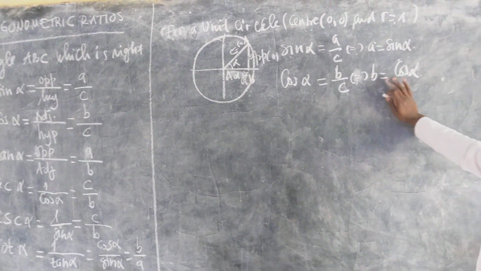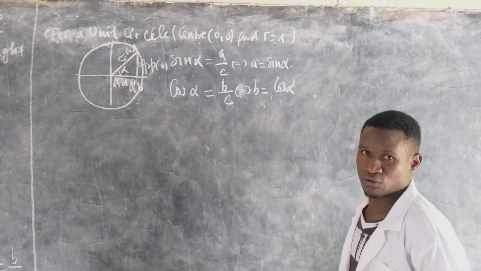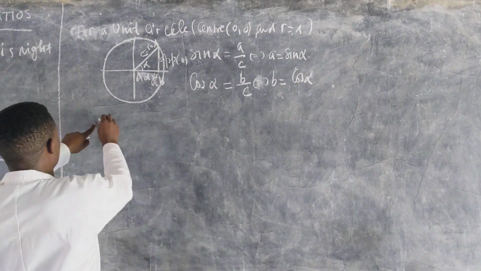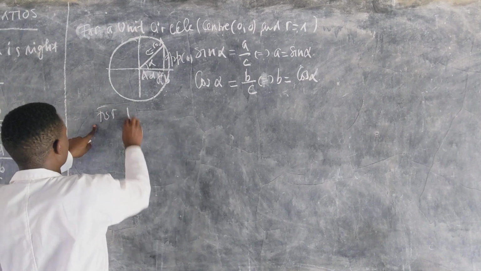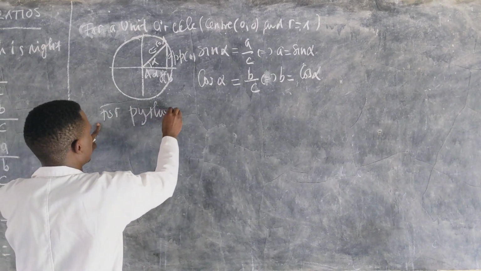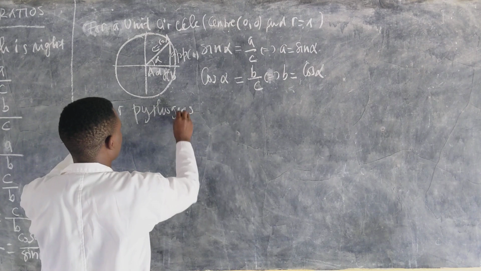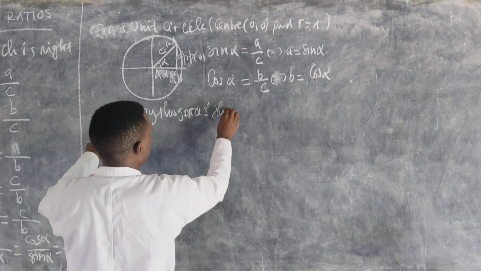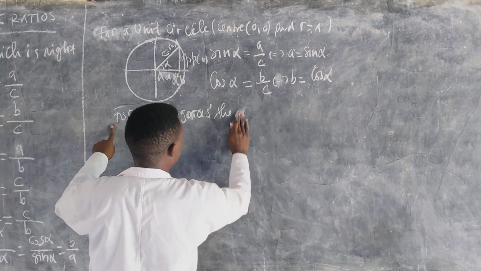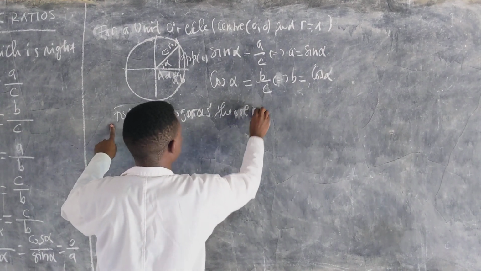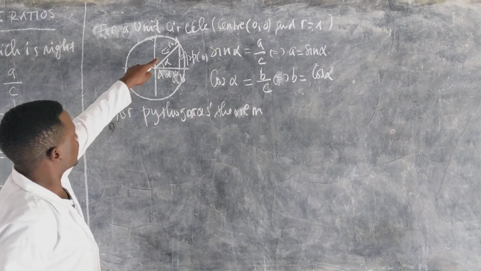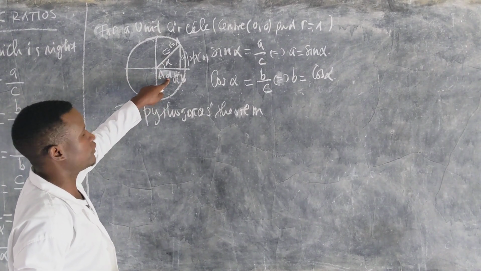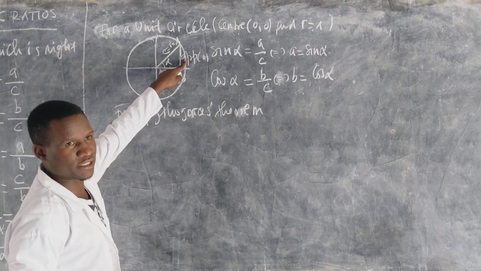B is equal to cosine of alpha. By using Pythagoras theorem, the square of the hypotenuse is equal to the sum of the squares of the adjacent and opposite.